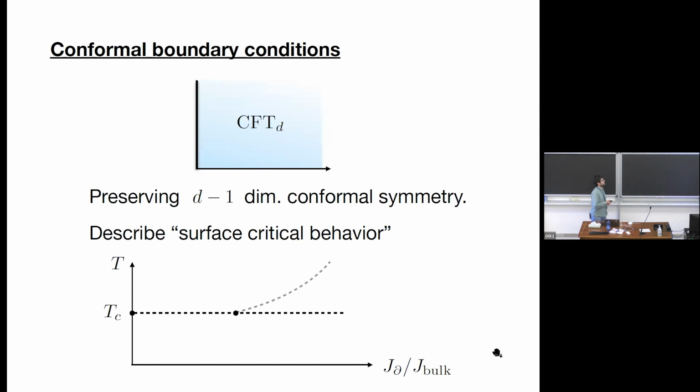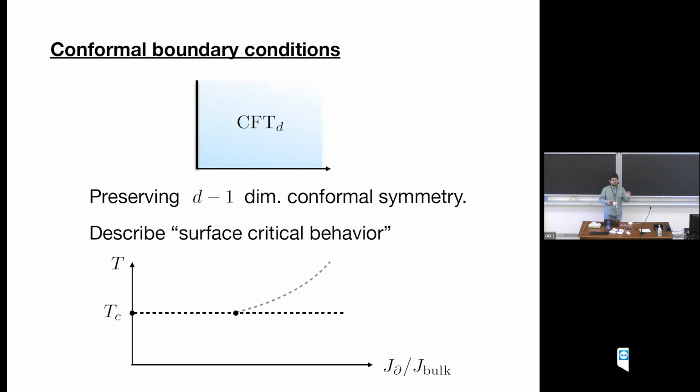And so let me start by introducing the concept of a conformal boundary condition. By that, we simply mean that we have some conformal field theory in flat space, say with a flat boundary. So there is some coordinate which is restricted to take only positive values.